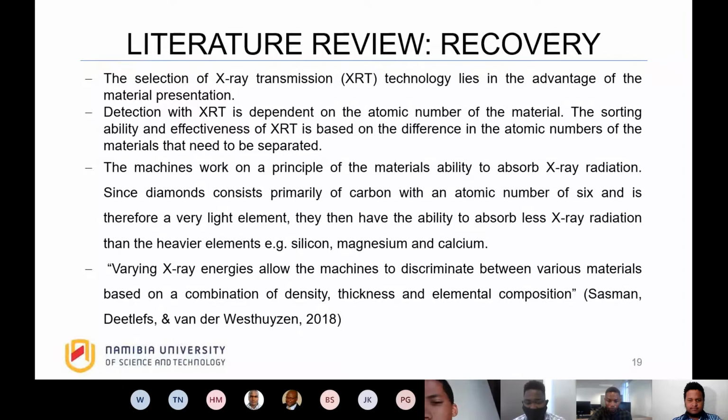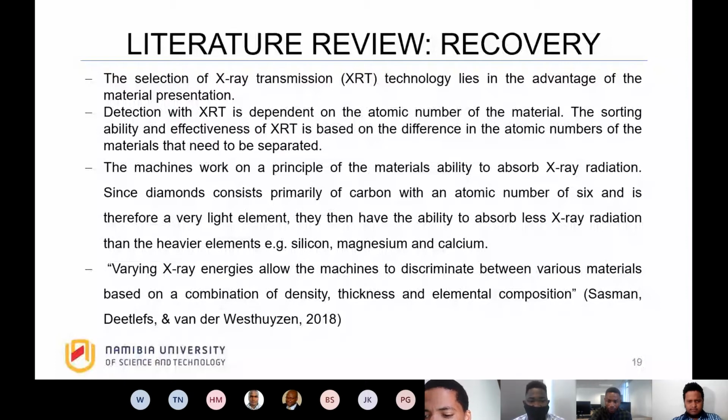What this machine does is it works on the principle of the ability of materials to absorb X-ray radiation. Since your diamonds are primarily made up of carbon, which has an atomic number of 6, because it is a very light element, it will obviously absorb less X-ray radiation as compared to all the other elements that might be present in your feed, such as calciums, magnesiums, and so on.